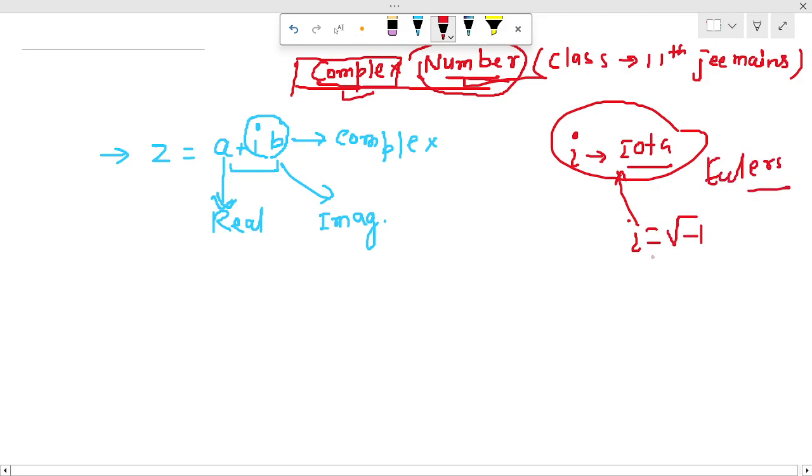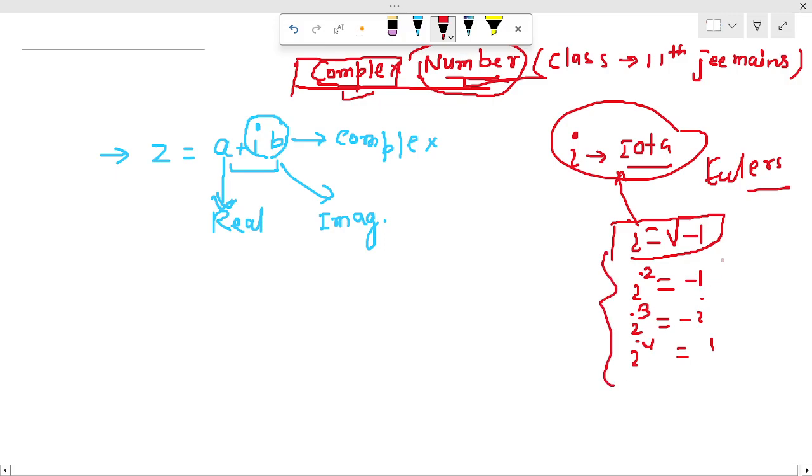We can say iota is equal to root over minus one. So iota square is equal to minus 1, iota cube is equal to minus iota, and iota 4 is equal to 1. These four results are very important in this topic, complex number.